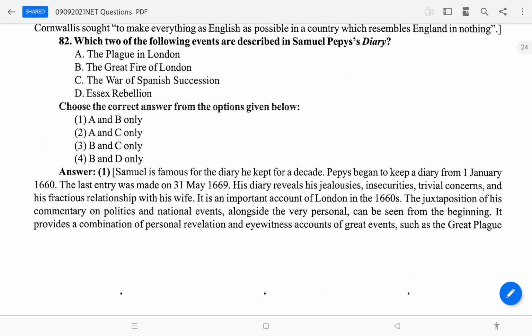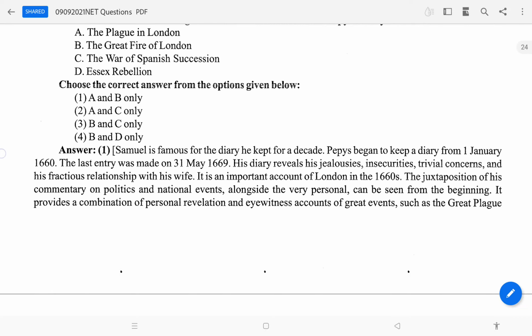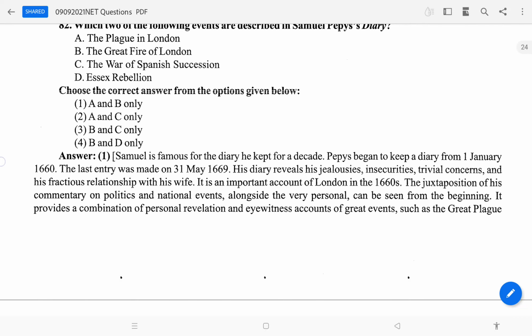He kept a diary of everyday life, and here we see that there are two famous events he noted down: the plague in London and the Great Fire of London. His diary reveals his jealousies, insecurities, trivial concerns, and his troubled relationship with his wife. It is an important account of London in 1660.